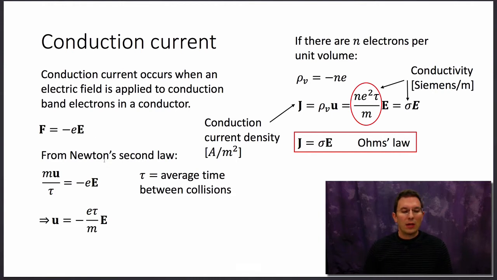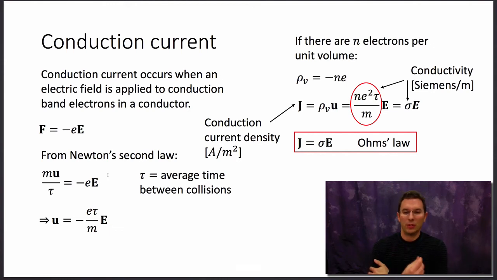From Newton's second law, we can write an equation that involves the force here on the right-hand side, and on the left-hand side, that force has to be equal to the mass times the acceleration. Okay, force is equal to mass times acceleration, and so small m here, this is the mass of the electron, and this tau parameter down here is the average time between collisions.